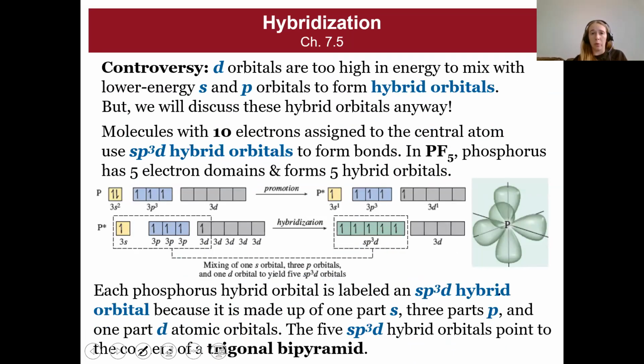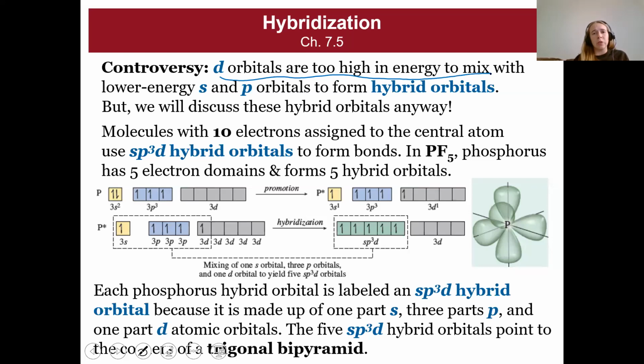All right, we can keep going with hybridization to talk about these expanded octet central atoms. So there is a bit of controversy. Some people don't agree that d orbitals can participate in hybridization because d orbitals are high in energy, so they are not likely to mix with the lower energy s and p orbitals and form hybrid orbitals.